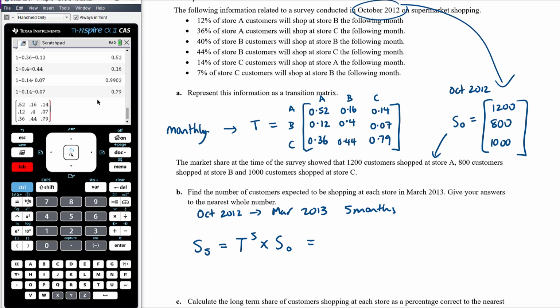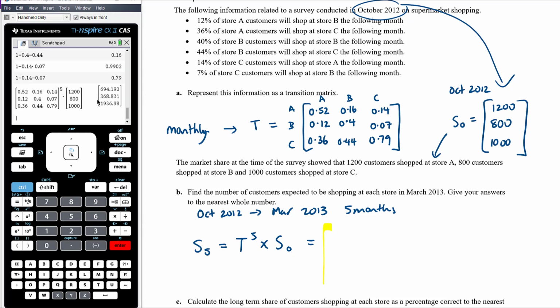We're going to do that to the power of 5, and then multiply that by our initial state, which is a 3 by 1 matrix, 1,200, 800, 1,000. And we want nearest whole number because obviously it's number of customers.